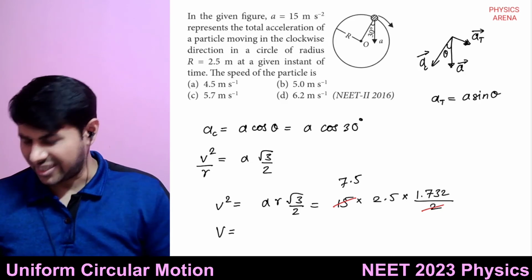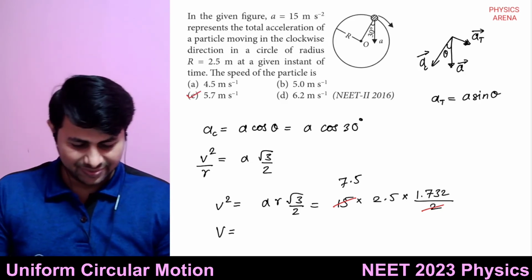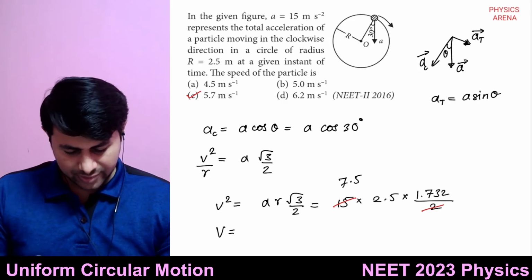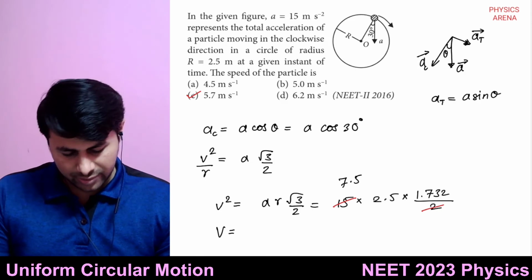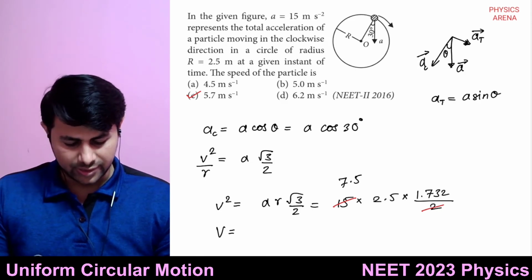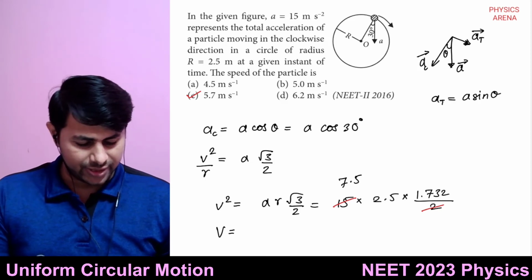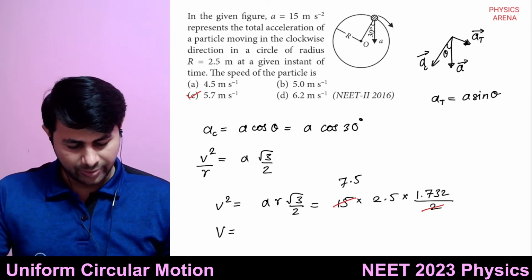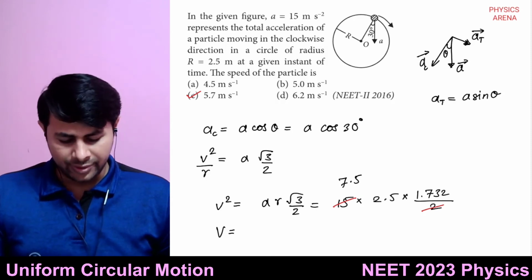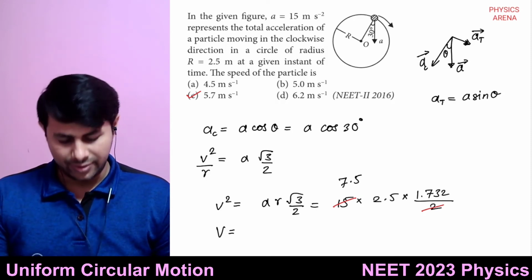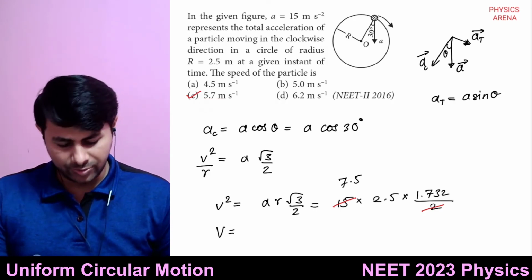So option C is the answer. So 5.7. Yes, I said about 32. Of course, this will be greater than 25 but less than 36. We can get it that way. So 5.69, about 5.7, is the answer.